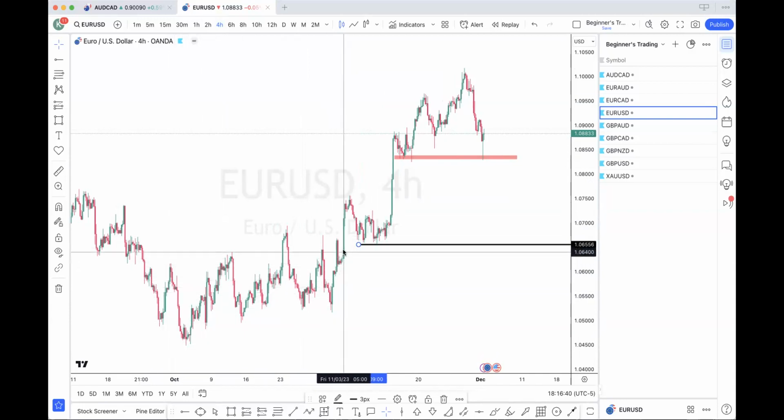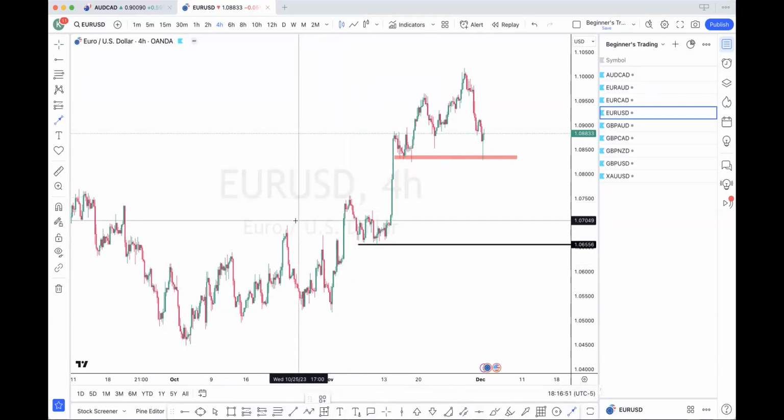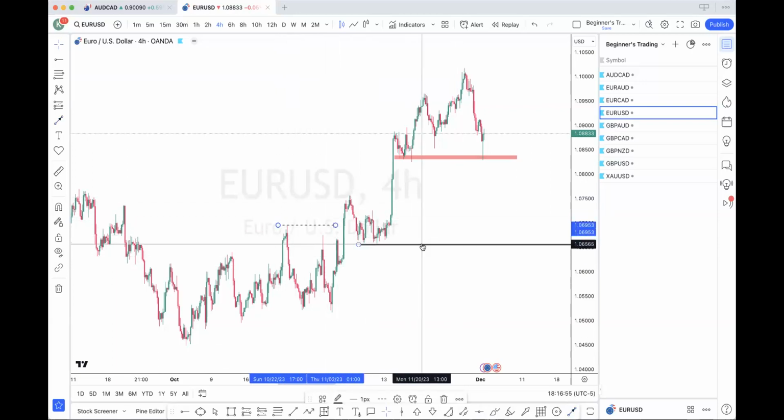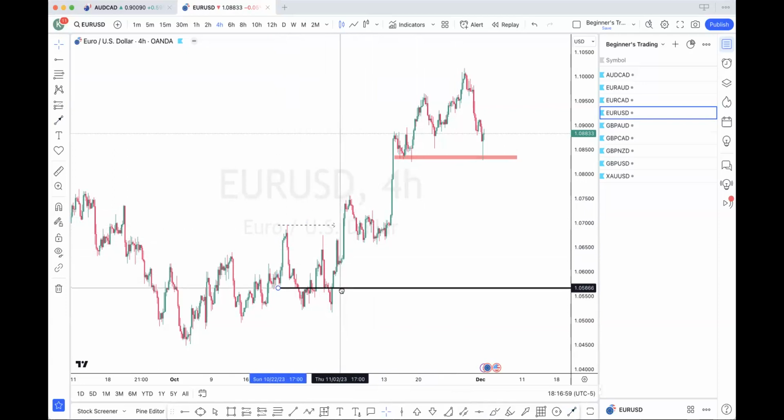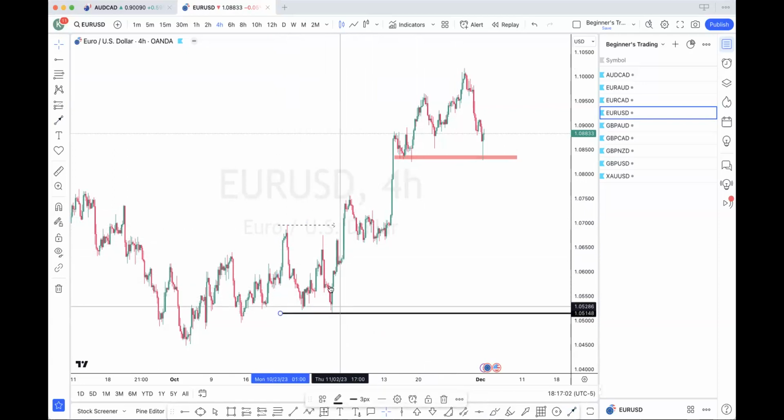So usually where there's the impulse move is where you start looking for your break of structure. And usually where there's that impulse move and break of structure is where you would just roll back and look for the swing low.